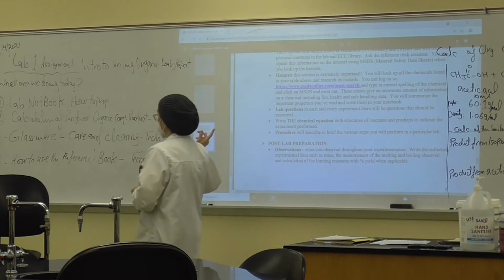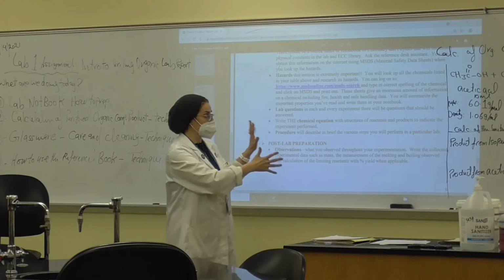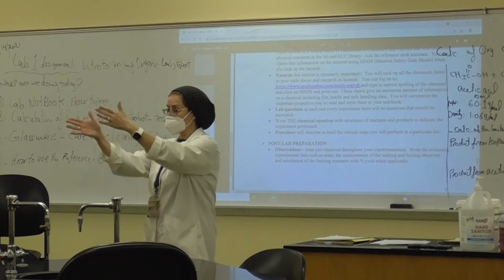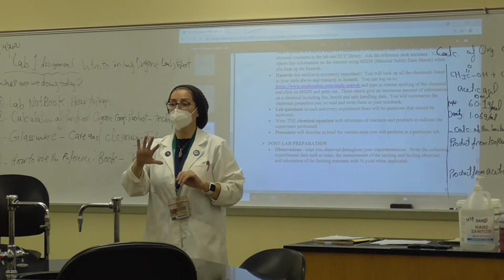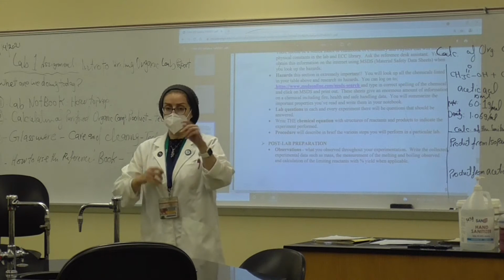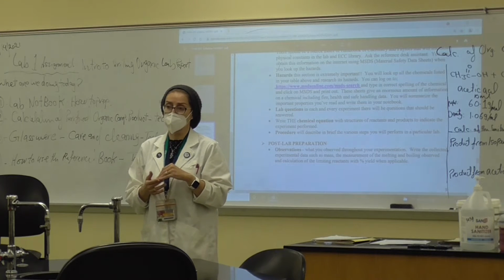Also, we are going to go through the calculation, and after I finish with the calculation, I'm going to take you to the drawers. Every group will have your own drawer, and it will be assigned to you for the rest of this semester. You're going to check all of this glassware.